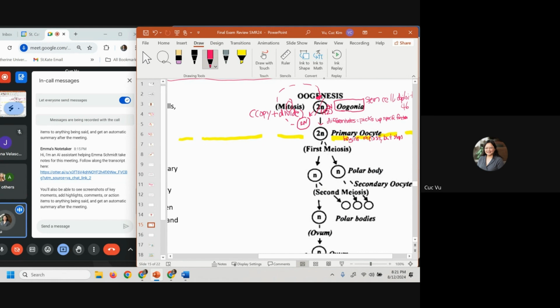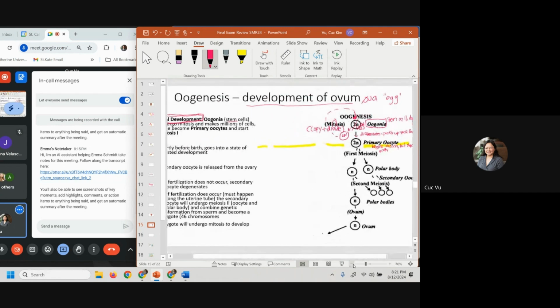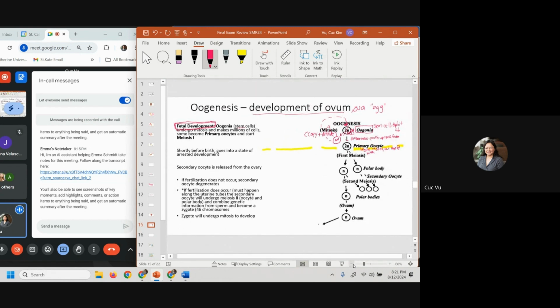It stops at birth. So it hasn't even finished meiosis 1 yet. It just begins it, but it stops at birth. So at birth, you essentially have just the primary oocyte. Okay?